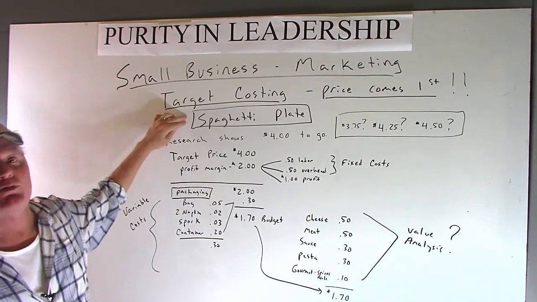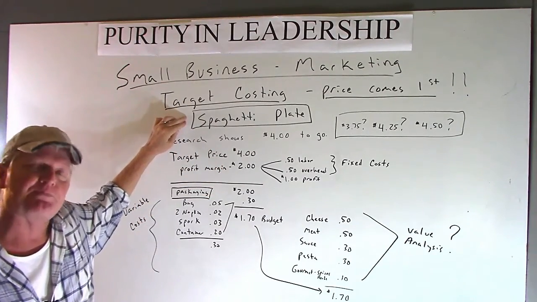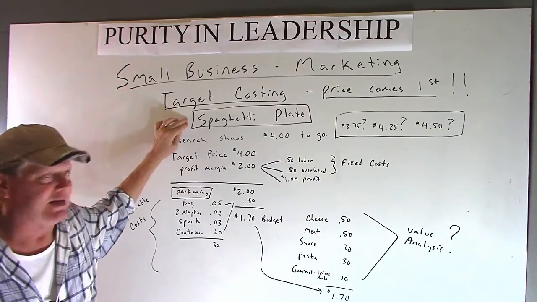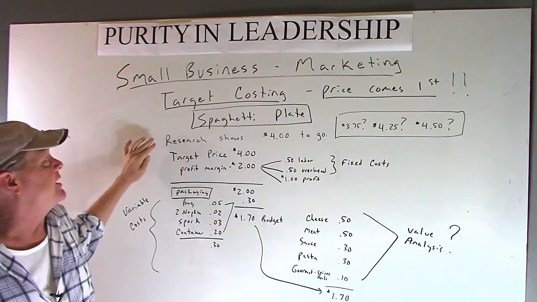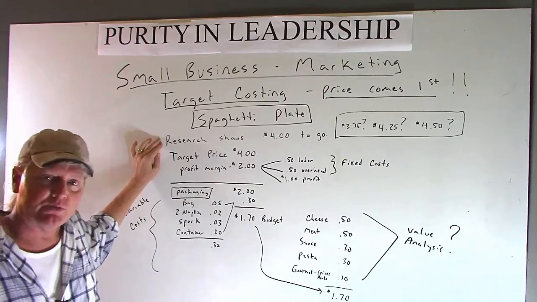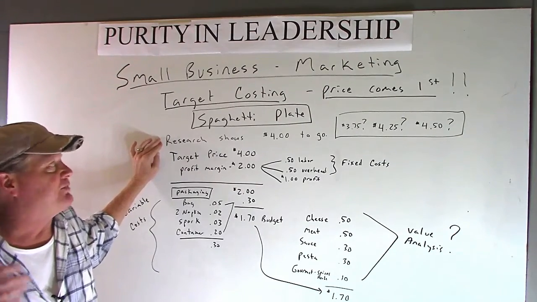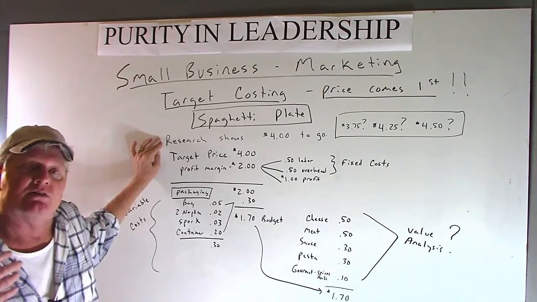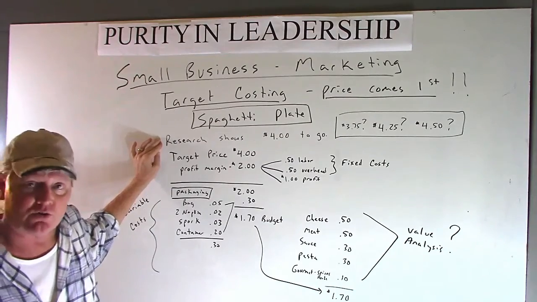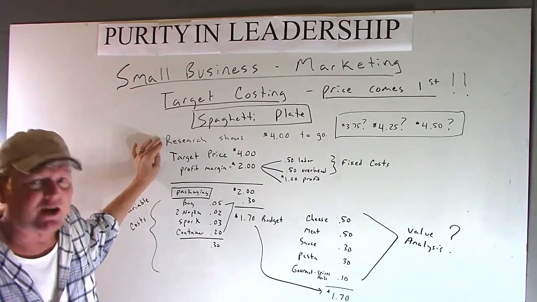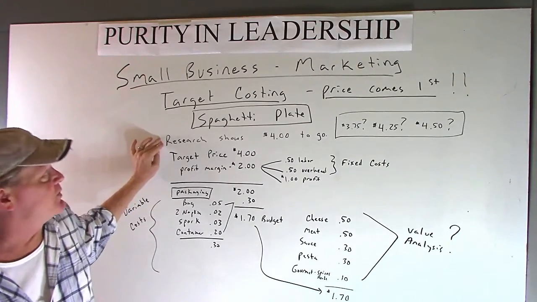Now, in this case, we're going to say that it's a restaurant and there's a spaghetti plate. And research shows, we did our market research, we found out that people might like to have cheesy spaghetti to go, not just burgers and fried chicken, but maybe spaghetti.